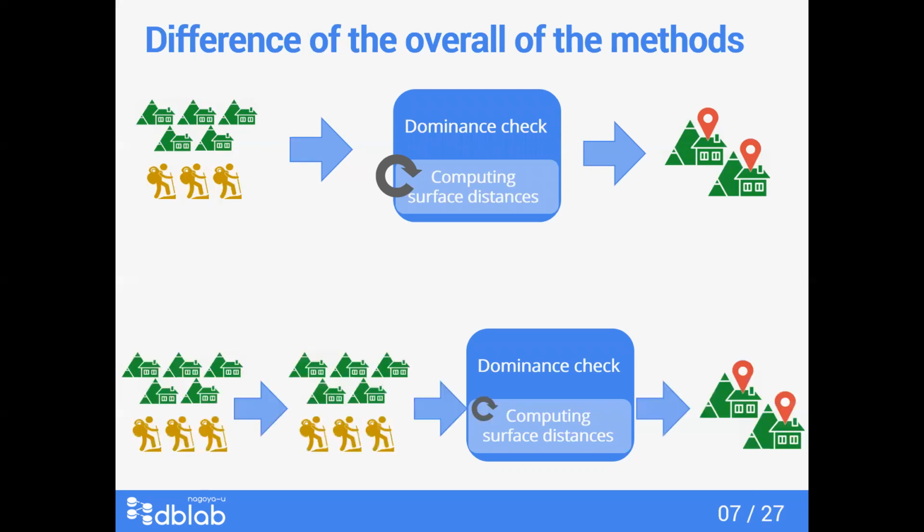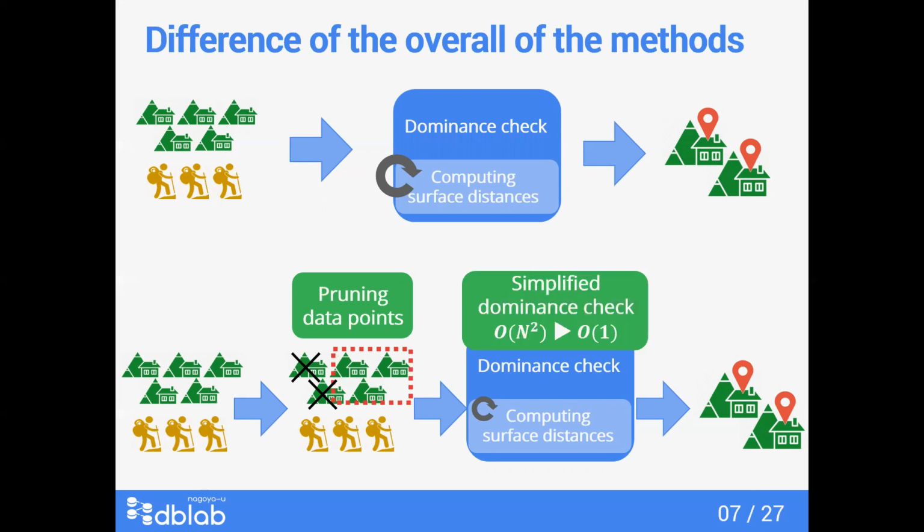On the other hand, in our proposed methods, before calculating dominance relation, we first prune the data points that cannot be skyline points. After pruning data points, we calculate skyline points with a simplified dominance check. It skips heavy computation in some cases.